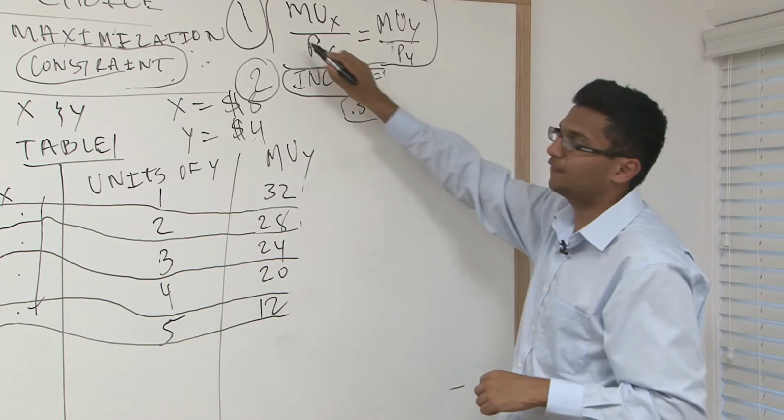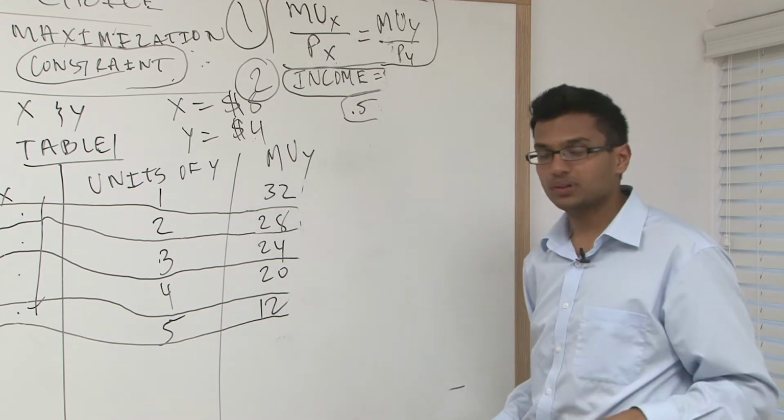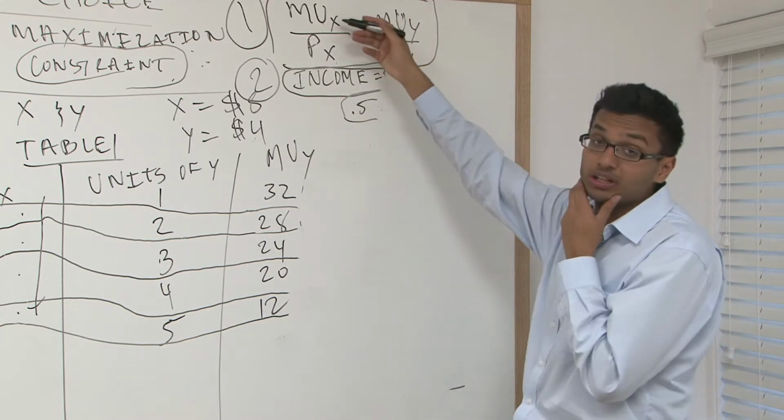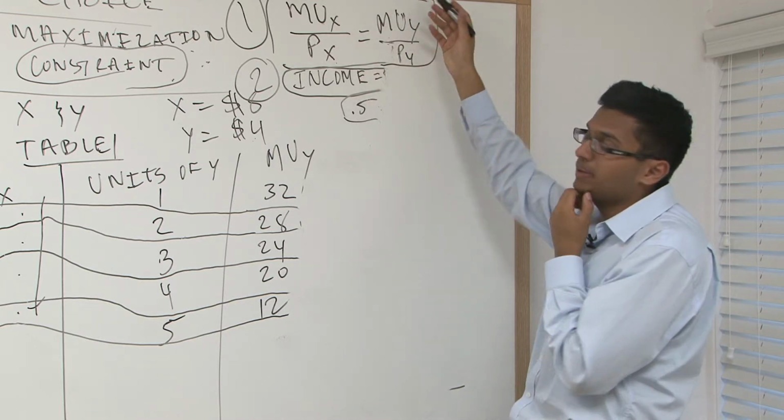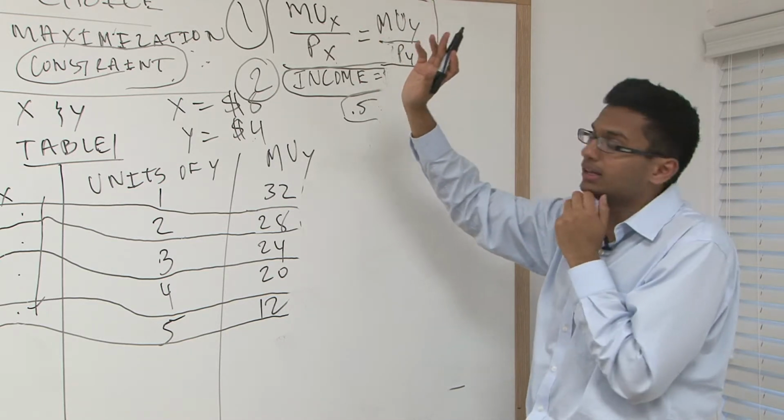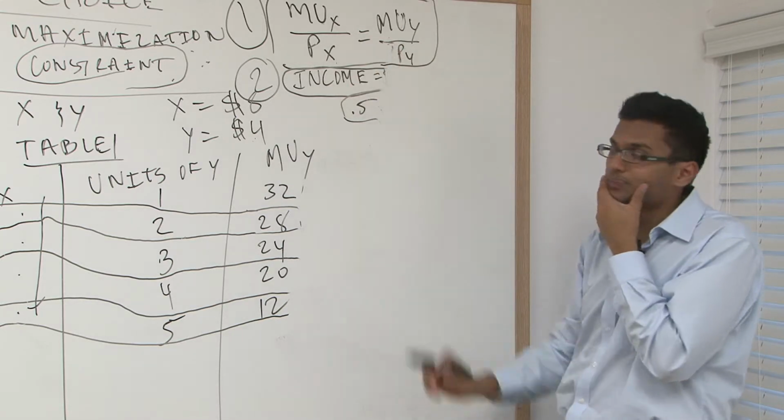This is the first part. MUX over PX is the marginal utility of a product X over PX, and it could be any product, whatever you want. But you have to calculate this ratio.